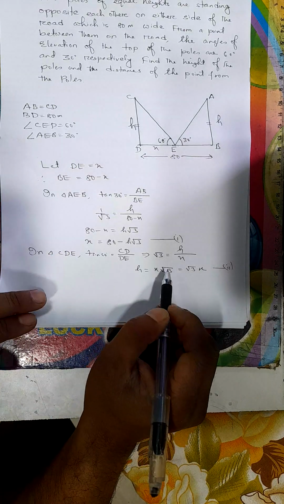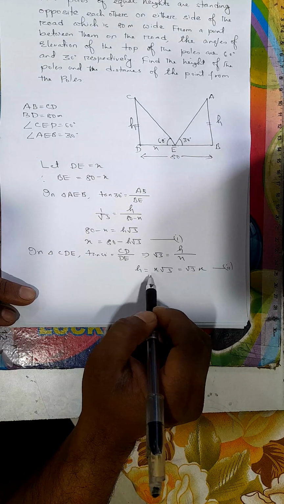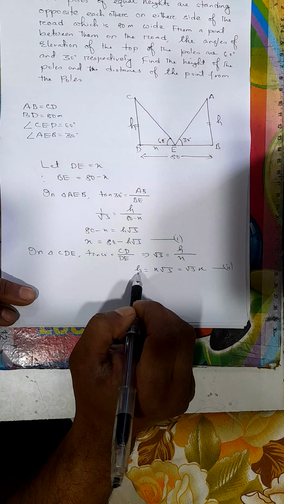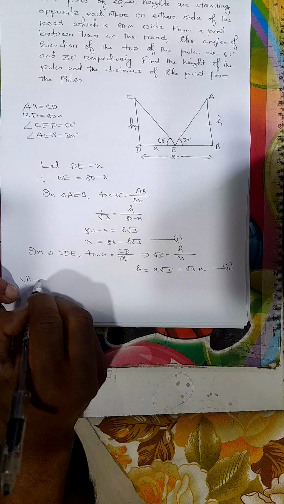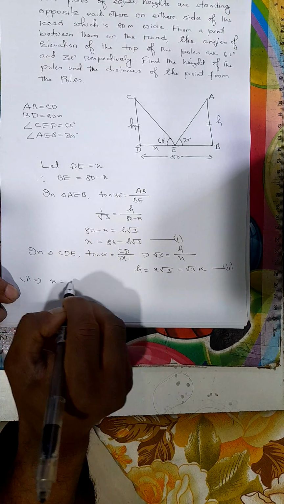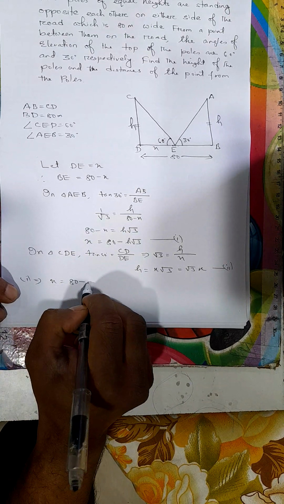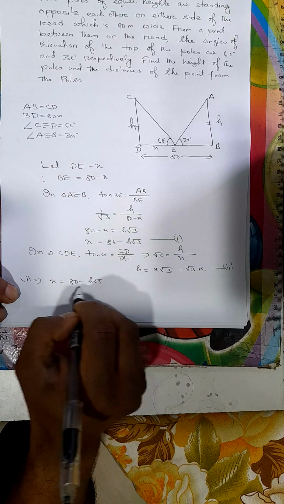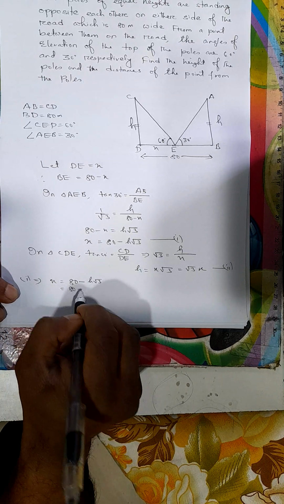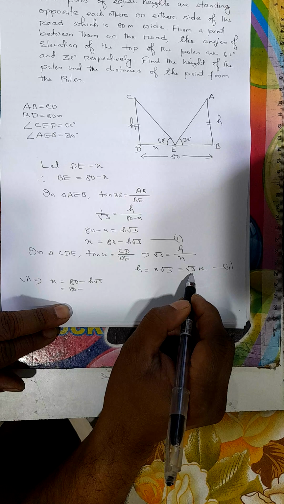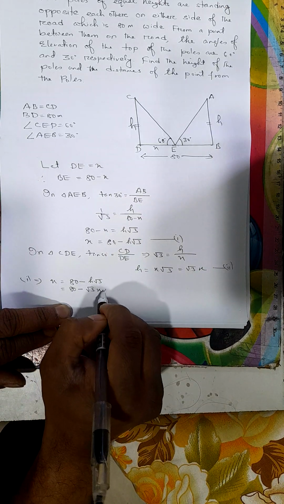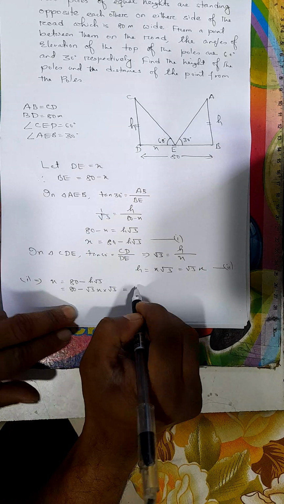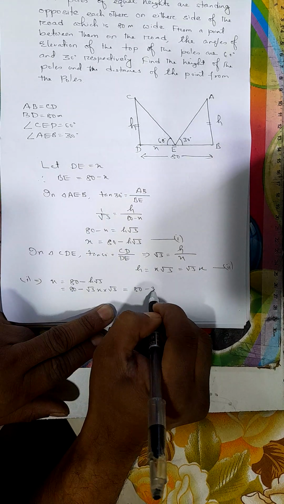Now from equation 1, you can substitute the value of H from this equation 2, right? From equation 1, you can write X equal to 80 minus H root 3 equal to 80 minus, what is H? Square root of 3 into X multiplied by square root of 3, or you can write it as 80 minus 3x.